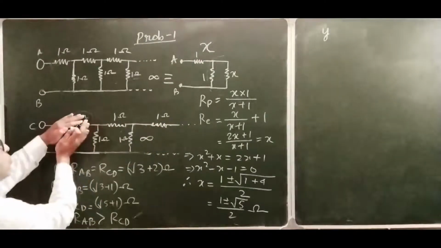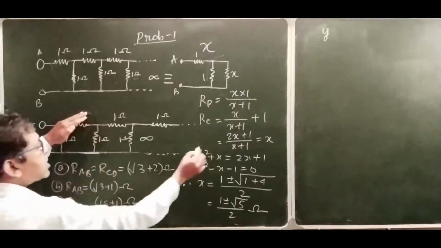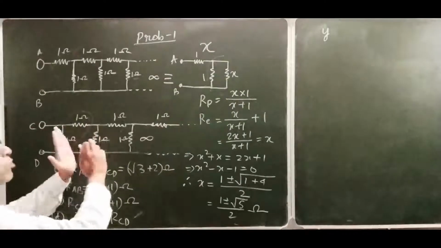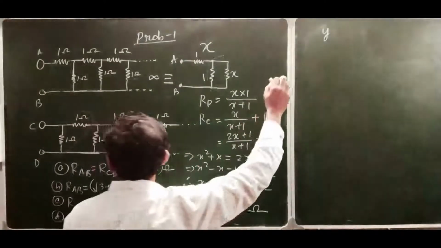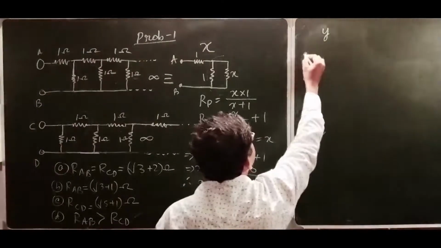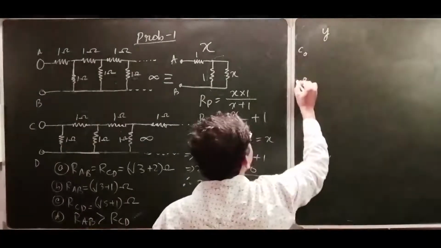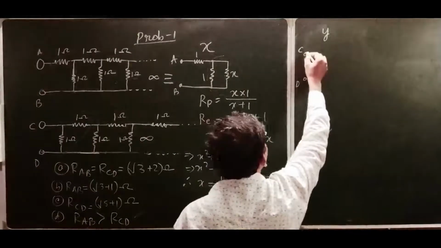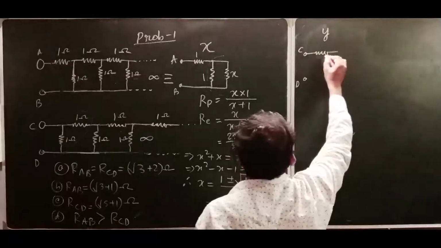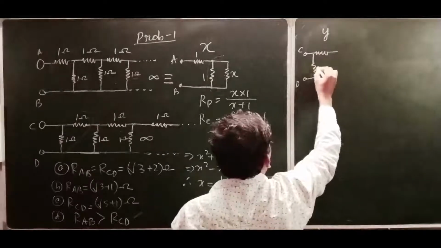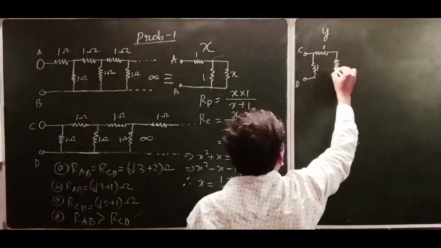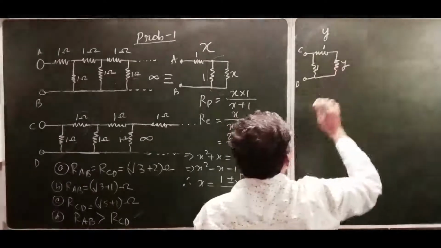That means if you remove this one, this remains also Y. So if its equivalent circuit is drawn, these are terminals C and D. This is 1 ohm, here 1 ohm, and this part is equal to Y.